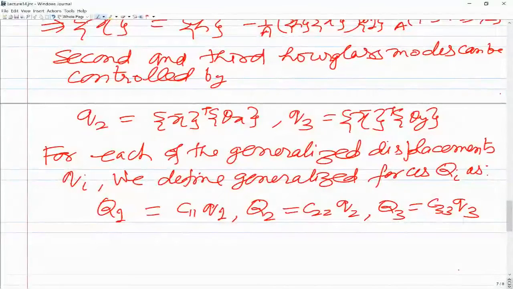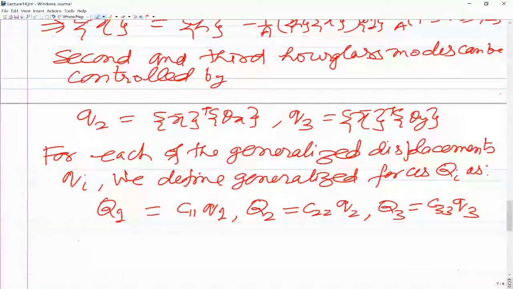Now we want to construct the stabilization stiffness matrix. Once we have defined these forces in terms of small q1, q2 and q3, then we can talk of the generalized stiffness.